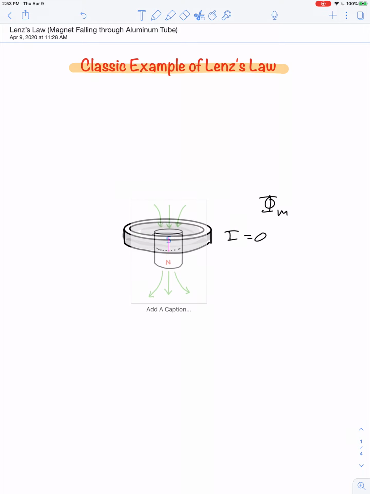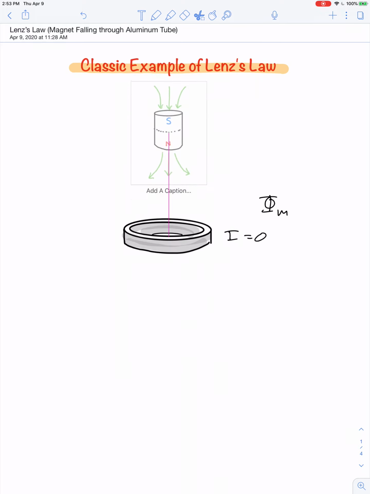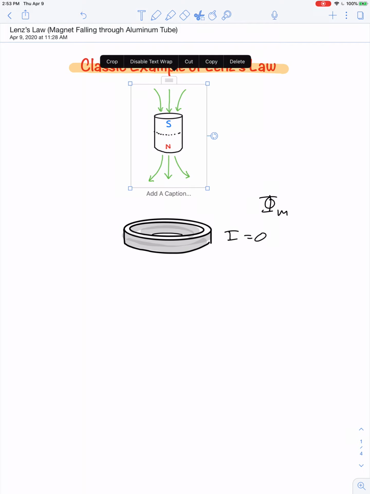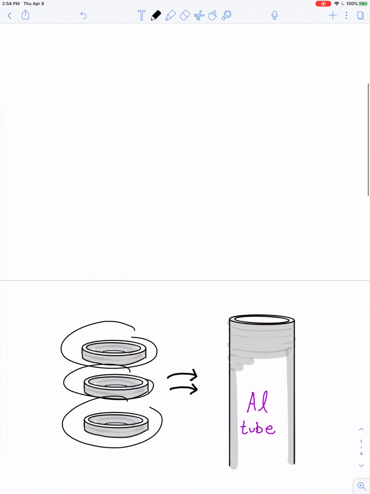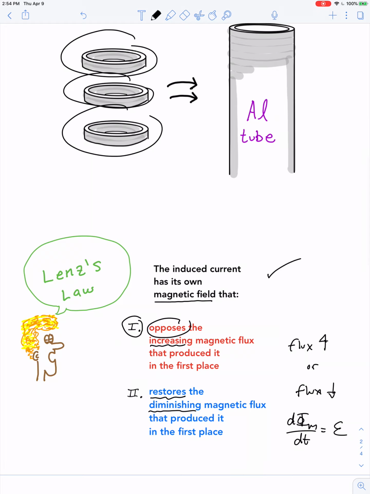As the magnet continues to fall, now that peak value of magnetic flux starts to become less and less. So while this magnet is approaching, and notice the polarity, the north end of the magnet faces down. As the magnet approaches the ring, the flux increases, and during that interval, current would flow in this direction in order to oppose the increasing flux.